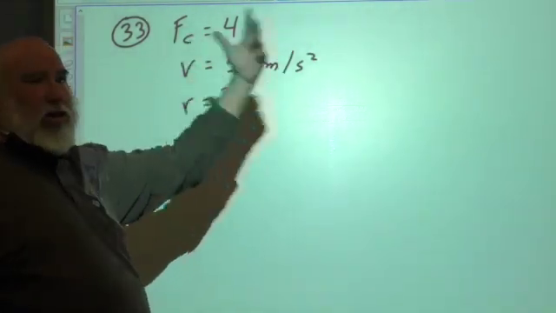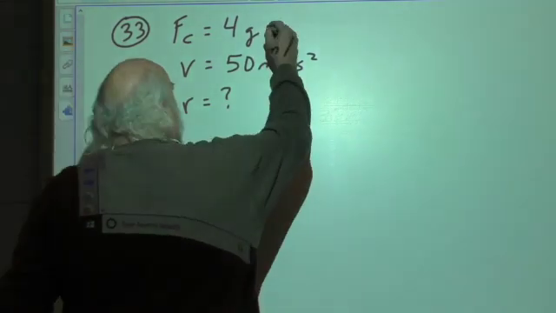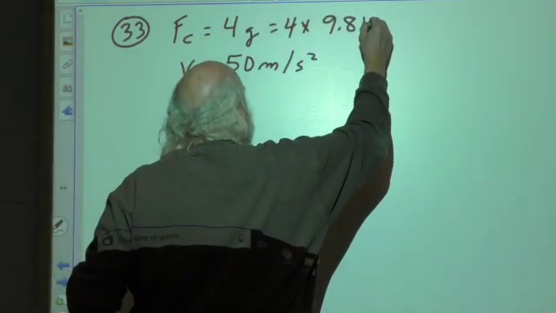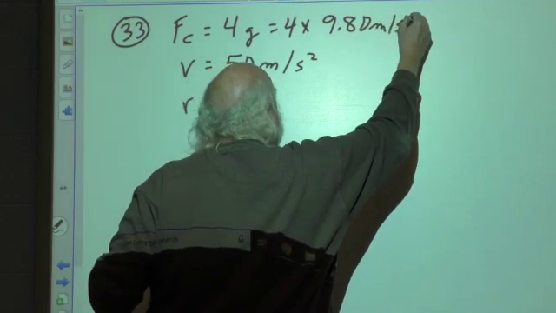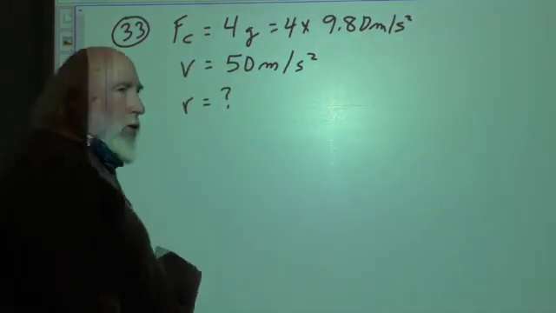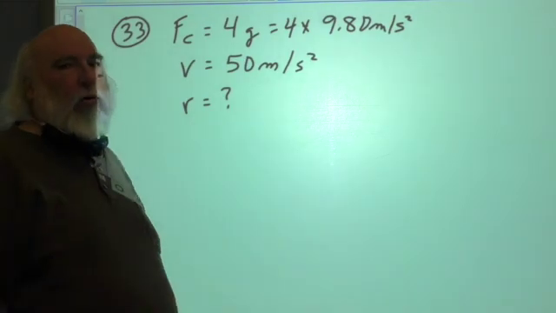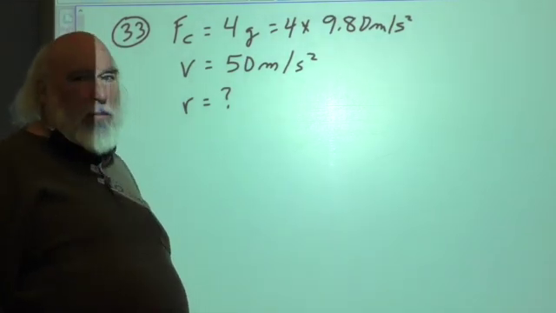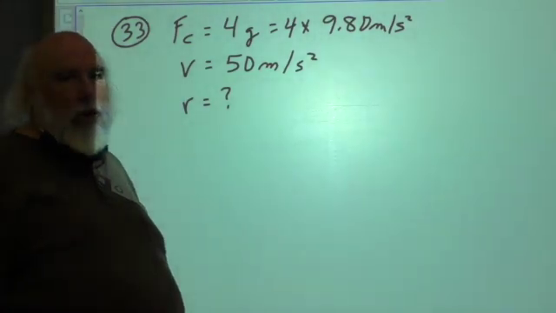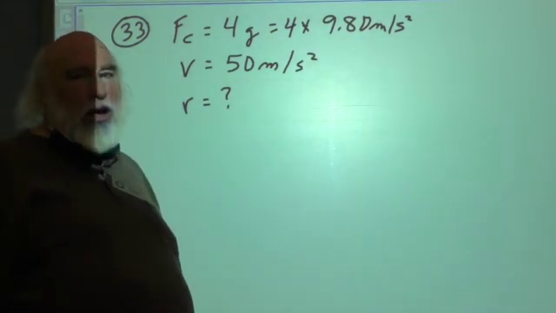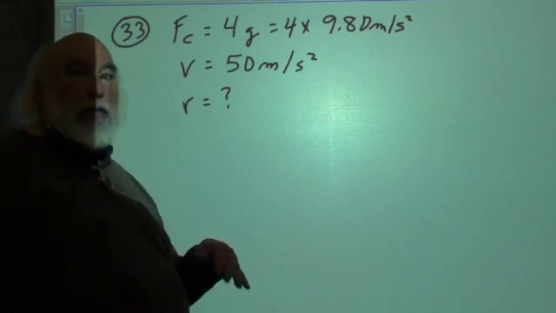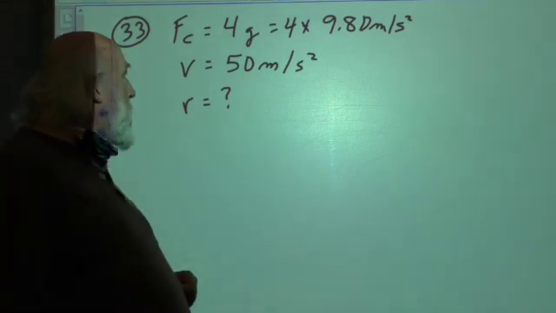So when they say G forces, they really mean that this is 4 times 9.80 meters per second squared. And when they do engineering for amusement park rides, G forces are very important. They don't want people vomiting all over the place, so they have to make sure that the G forces stay within certain bounds of keeping stuff inside your stomach.